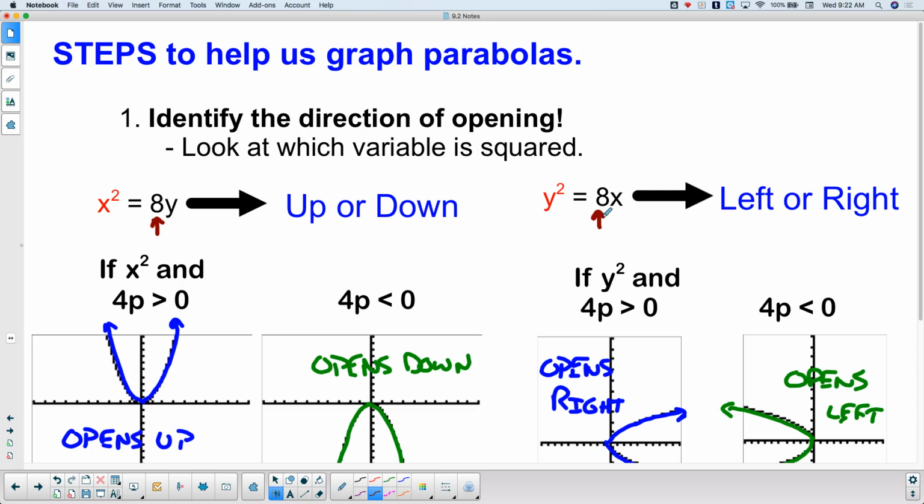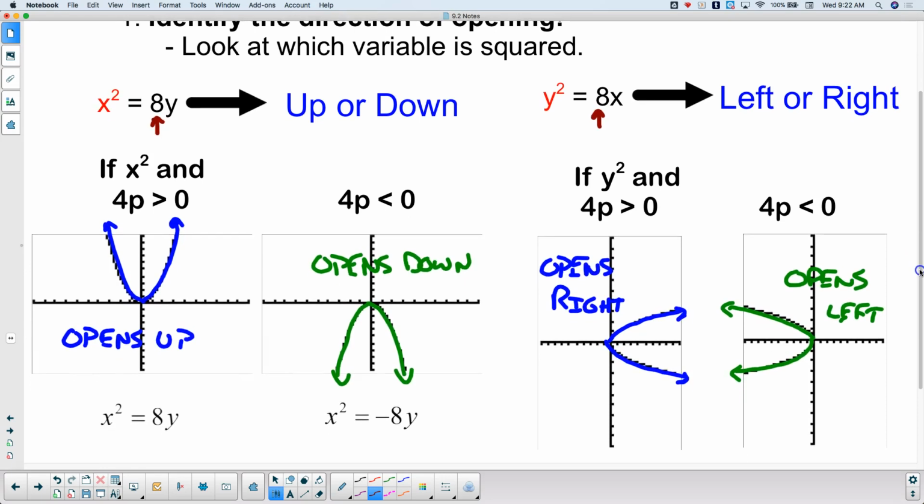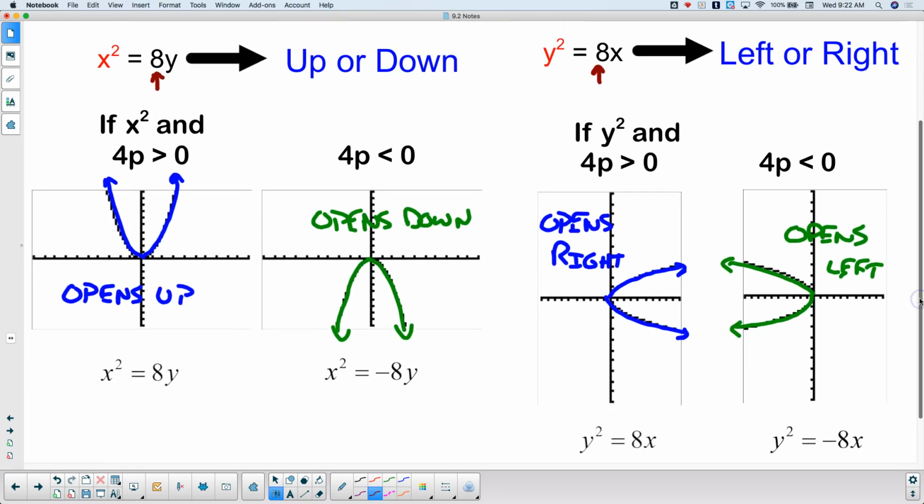Now, there is a lot of writing on this particular slide, but this slide should only take you about 3 seconds to do. Because it's a mental check: which variable is squared, and is the non-squared coefficient positive or negative.